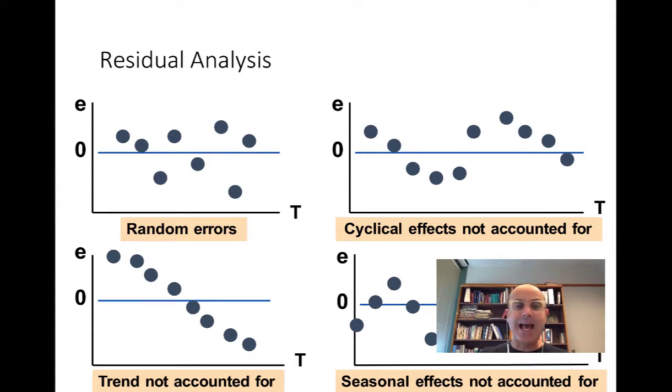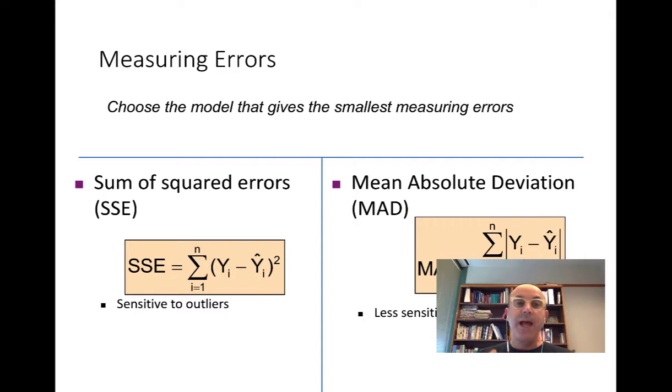Residual analysis often happens with random errors, cyclical effects that are not accounted for, trends that are not accounted for, and seasonal effects that are not accounted for. For the measuring of error, we have 2 types, and this is something really important that you need to envision, as you are going to develop your own model one day.